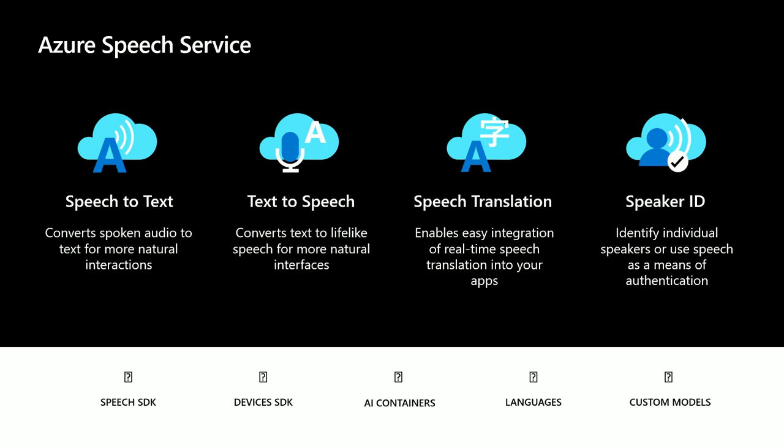All of these services are easily accessible through our Speech SDK. And as we'll see a little later, we also offer a device SDK, which you can leverage to create, in particular, ambient devices that are optimized for speech interactions.